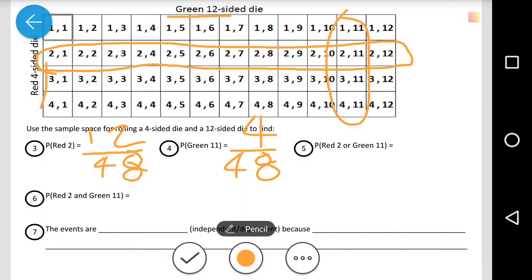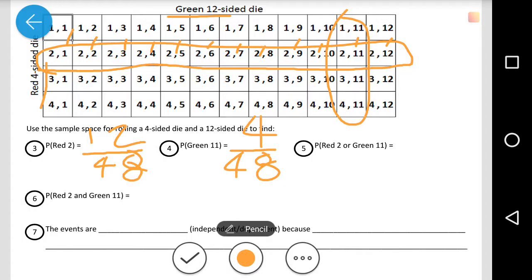For question 5 that says red 2 or green 11, I don't have to have both. I just have to have one or the other. And I'll look at the sample space again. I have 1, 2, 3, 4, 5, 6, 7, 8, 9, 10, 11, 12 possibilities where I get a red 2.